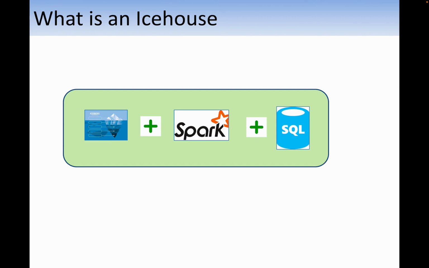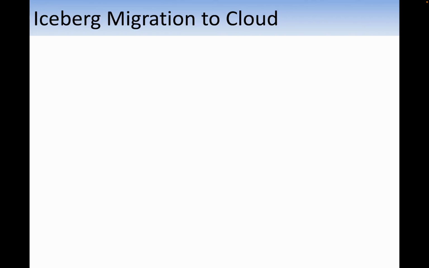An Icehouse is an Iceberg table, and any Spark engine, whether the EMR Spark engine, Databricks Spark engine, or your own Spark engine, or any SQL engine like Dremio SQL, that can manage or read your Iceberg table, we call an Icehouse.